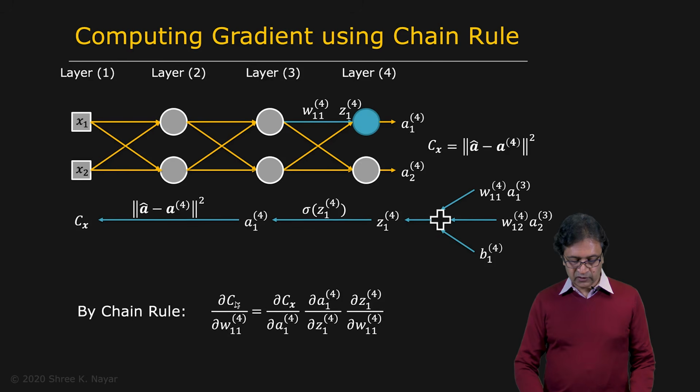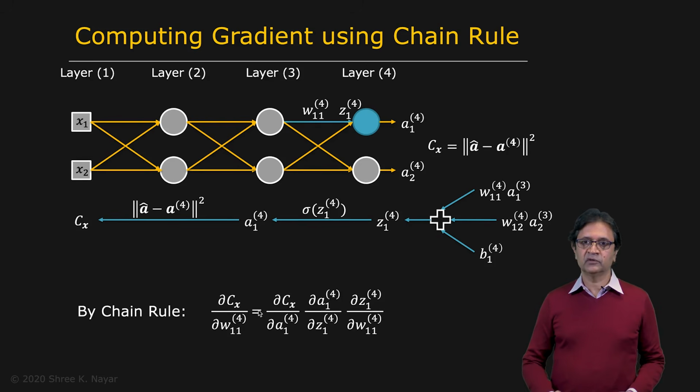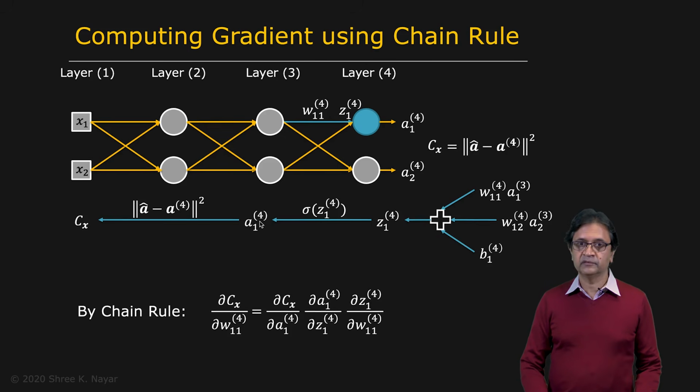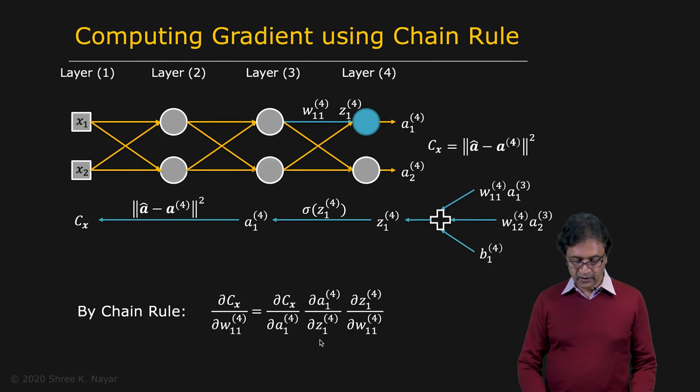That is equal to the derivative of the cost with respect to A14, times the derivative of A14 with respect to Z14, times the derivative of Z14 with respect to W114. This is nothing but the chain rule for derivatives, which you're all very familiar with, applied right here. Now we're going to try and find the right substitutions for these.